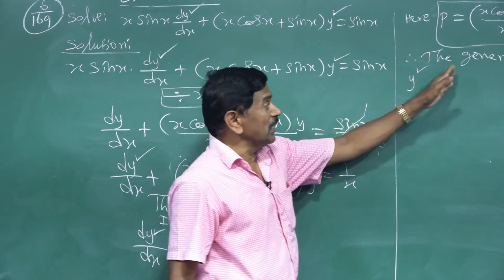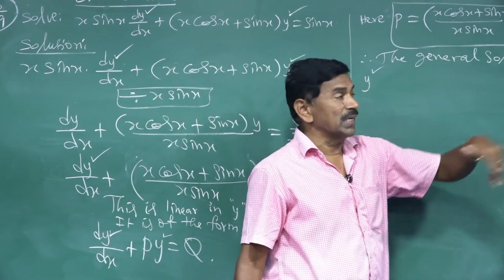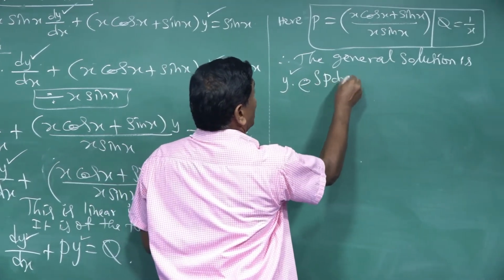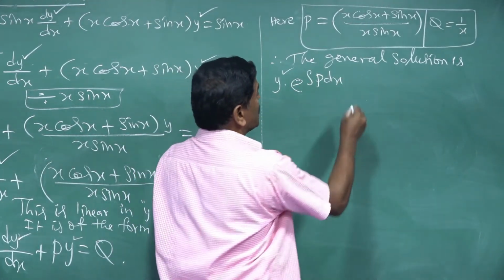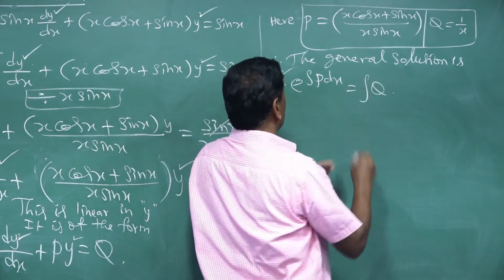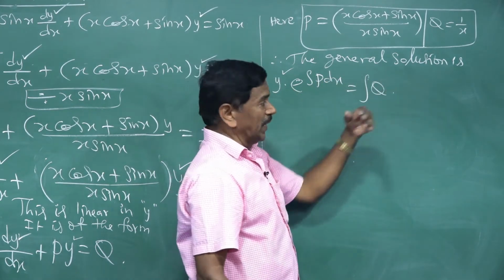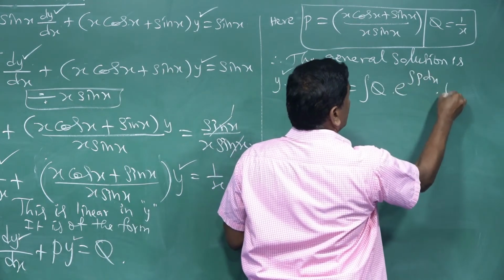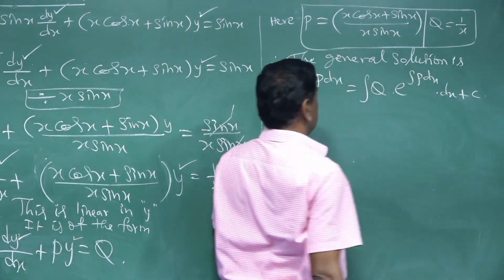Now y with respect to x. So y into e power integral P dx is equal to integral of Q into the same e power integral P dx, into dx, plus constant c.